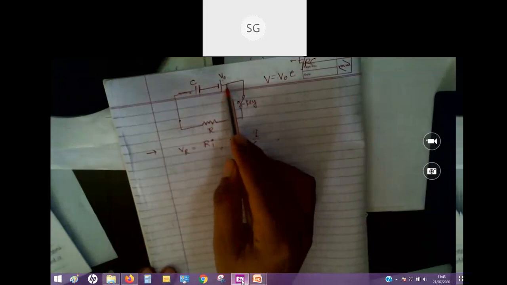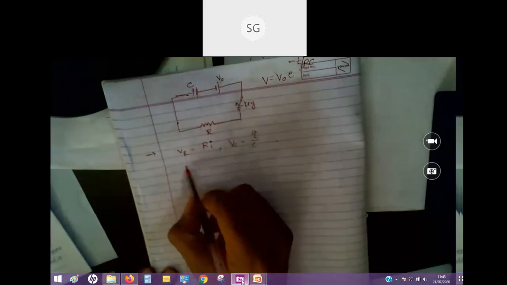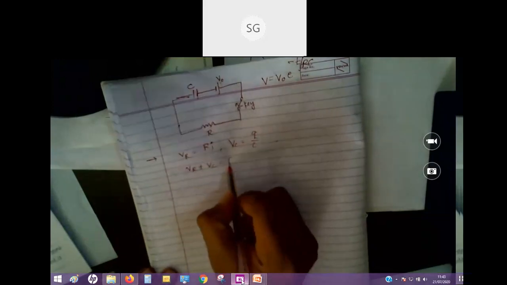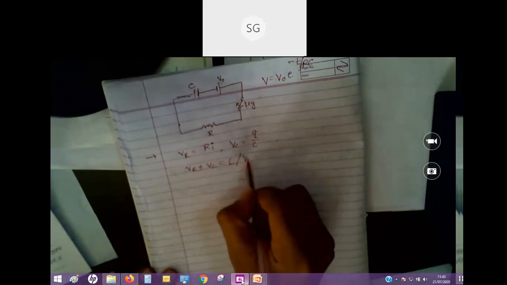That's why in the circuit, generally we write VR plus VC equal to E, or in this case V naught.